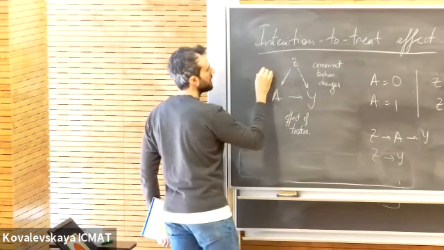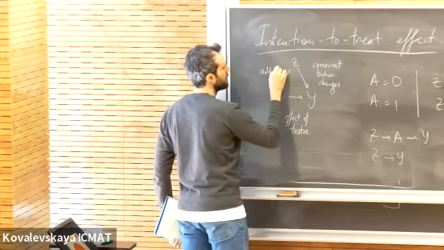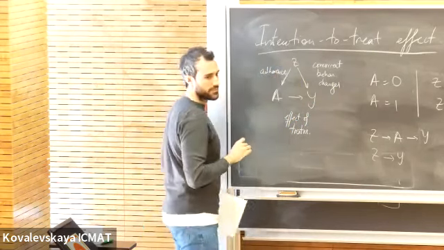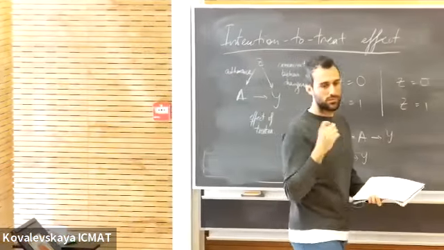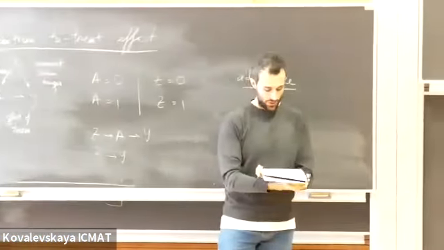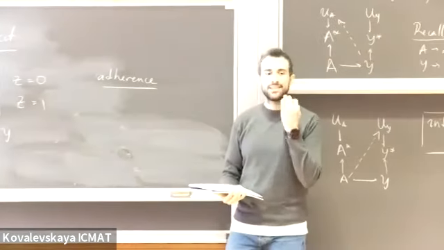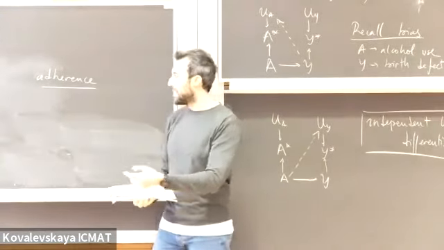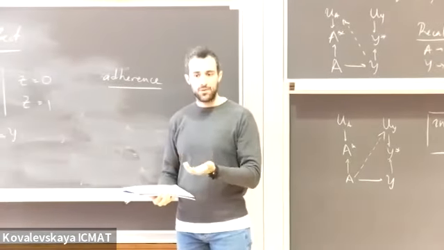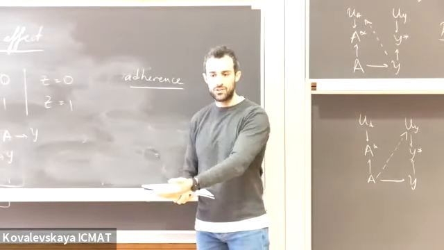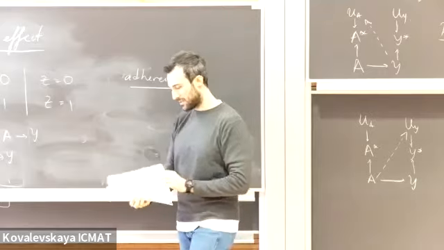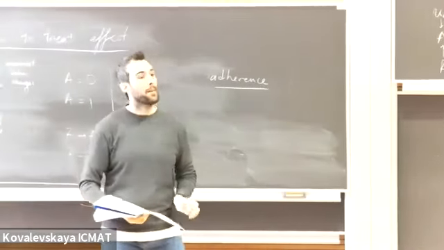And this is the adherence. So this is the key idea behind the intention to treat effects, right? Because just the pure intent of treating a population may alter the behavior of said population and thus alter the outcome of the study.